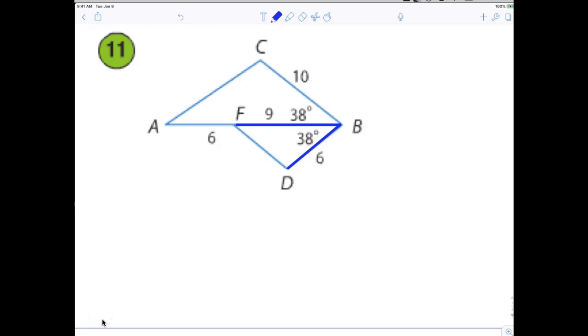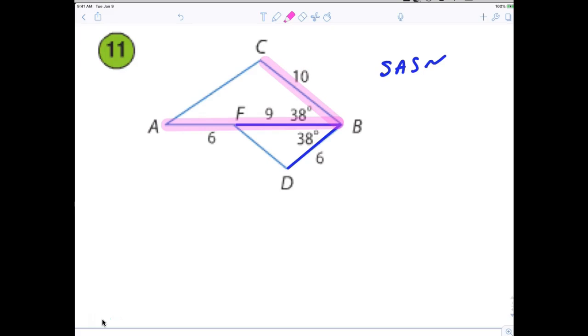Right now I'm thinking it would be side angle side similarity. I'm not saying that's true. I'm just saying that's how I would prove it. Do you agree with me? And how do I know that? Because I have this side right here, and I have this side right here, right?